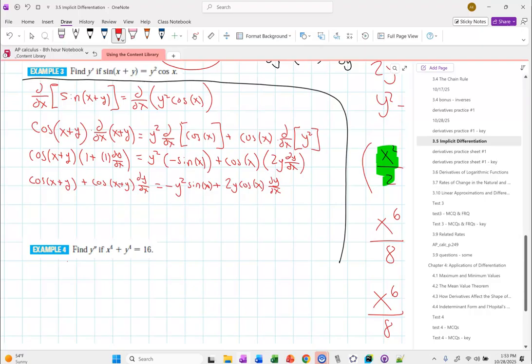Okay? So all the stuff with dy/dx's goes onto one side, and all the stuff without the dy/dx's goes to the other. So I'm going to subtract over the 2y cosine x dy/dx.